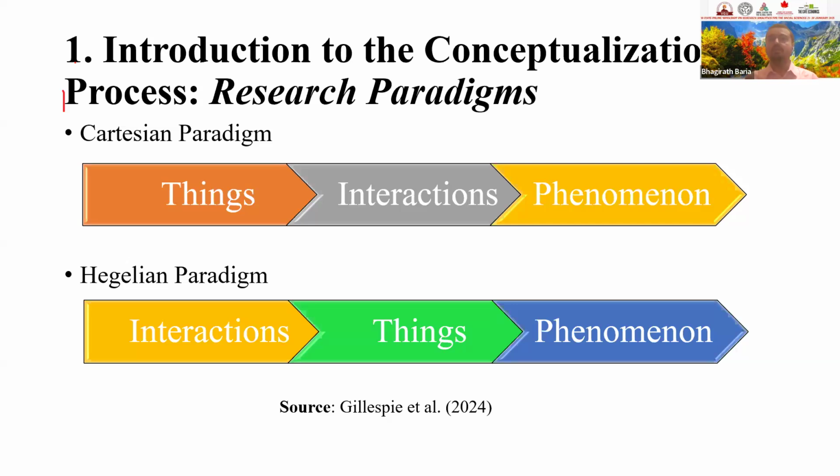That paradigm will determine how you conceptualize your research topics, because the first one, the Cartesian paradigm, will take you more into the world of static and comparative static analysis, two kinds of analysis which are very popular in business, management, economics, public administration, even psychology. Static and comparative static.